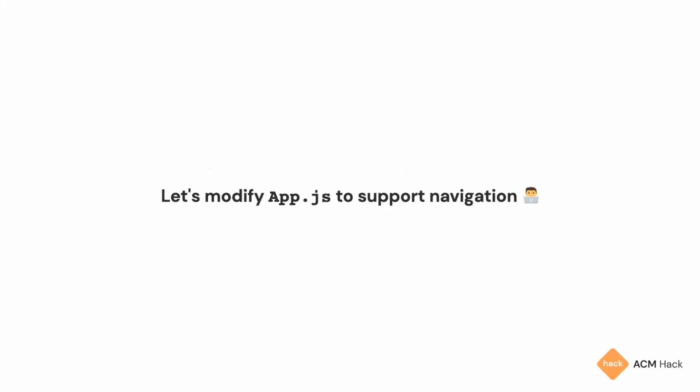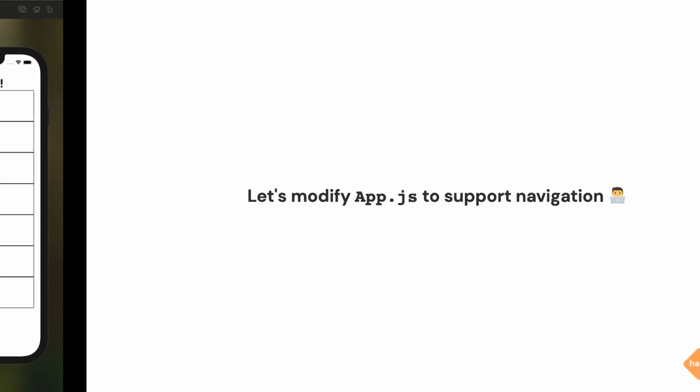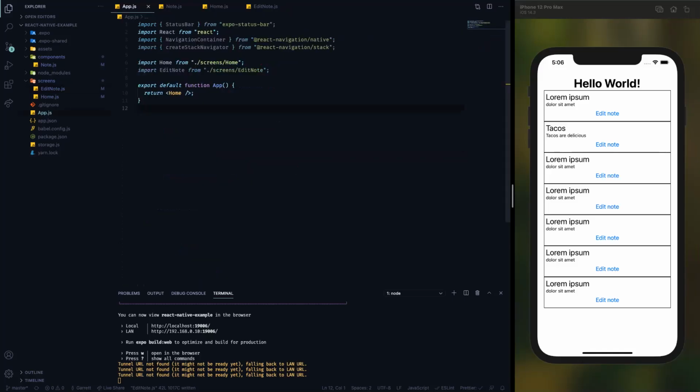So let's just modify app.js to support navigation. It's very interesting how we handle this. Just go in here. We have to define a stack navigator. So that's what this function is for.